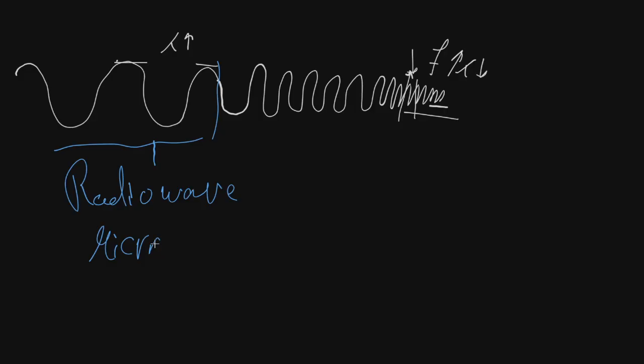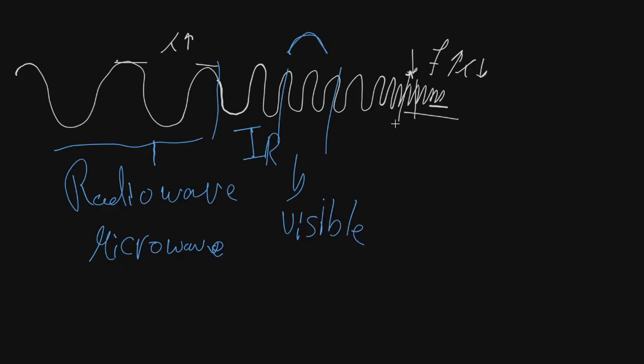Then there is also the infrared, and here exists the visible light or the visible spectrum. Here is the part we see, and then exists the ultraviolet, the X-ray, and also the gamma ray.